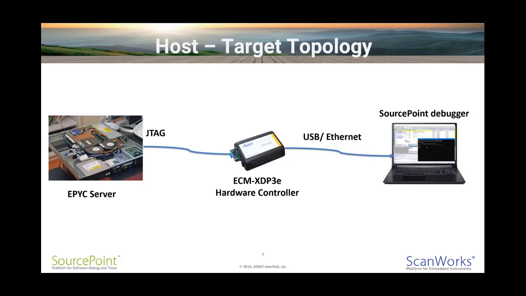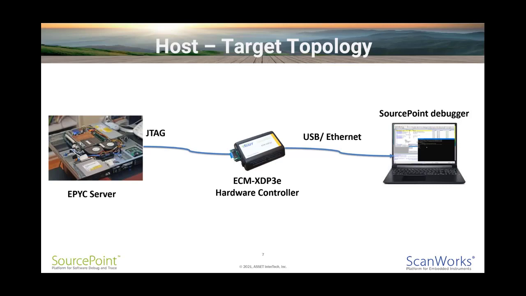The typical topology, and what you're going to see in the demo today, is the SourcePoint debugger. On the right-hand side is the actual Asset JTAG-based debugger. It can connect typically with either a USB or an Ethernet interface to a hardware controller, our product being the ECM XDP3E.